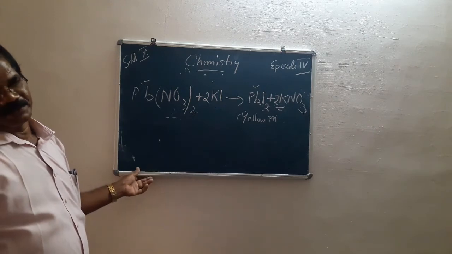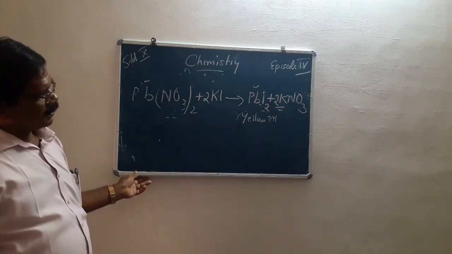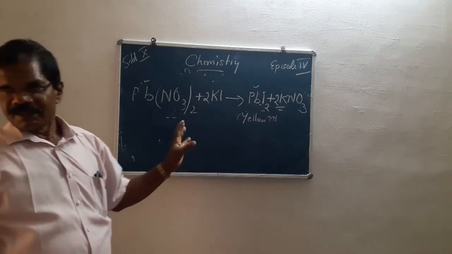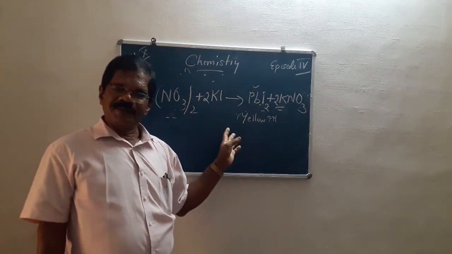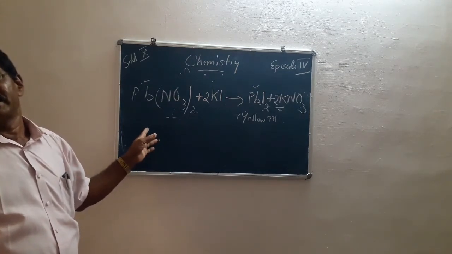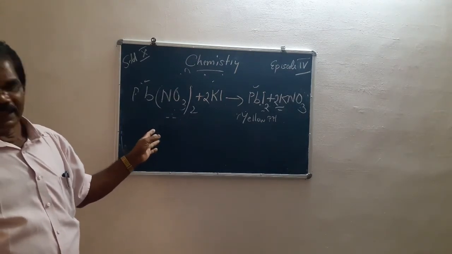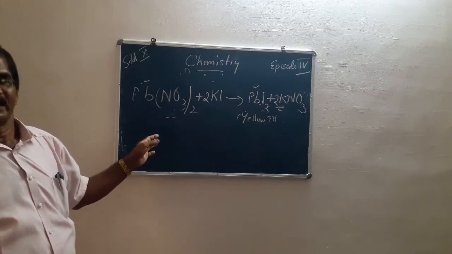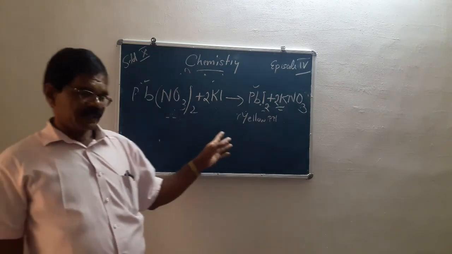We have to study this in the second chapter, balancing chemical reactions. For the equation to become more informative, we have to write down the states of the reactants and products. State means whether it is solid, liquid or gaseous, or aqueous solution or precipitate.